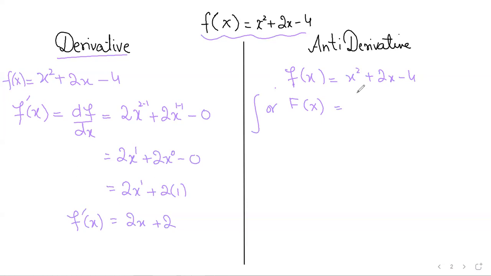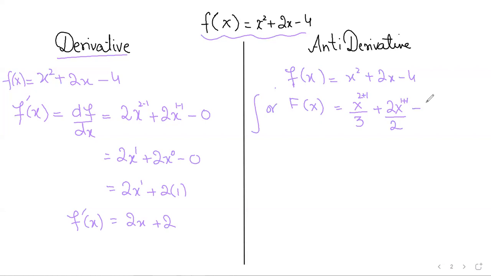In an antiderivative, I add 1 to the power and divide by that new power. Again, I add 1 to the power, there's nothing so I assume it's 1, and I divide by that power.